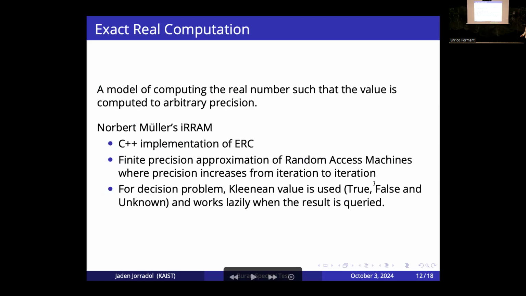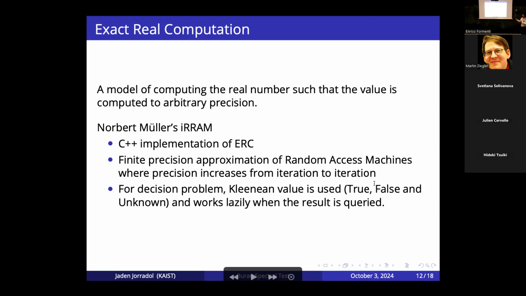The exact real computation library that I've used is Professor Norbert Müller's iRRAM, which is a C++ implementation of the exact real computation. In this case of the knot theory computation, it is a decision problem in which it decides whether the braid is reducible or non-exchangeable.